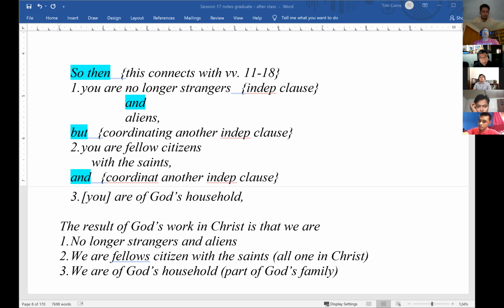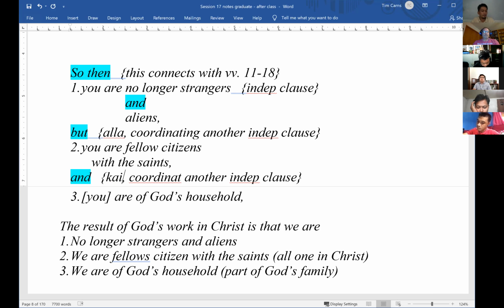Oh, I'm sorry, I misread. Alla is "but." He used alla, which is "but" in Greek, a coordinating conjunction, strong adversative. And then he used the word kai for this next conjunction, which is also a coordinating conjunction. So these English conjunctions match the Greek in the sense that both are coordinating and subordinating.